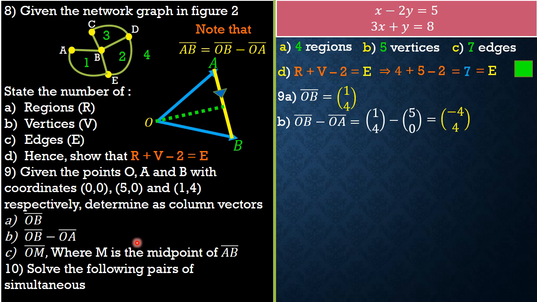Keep in mind that they said M is a midpoint, therefore it divides AB into two equal halves. Now, to get the vector OM, let's call the point where this line leaves the origin and touches AB, point M, since it's the midpoint. It therefore means that to get OM, it is simply OA plus AM.